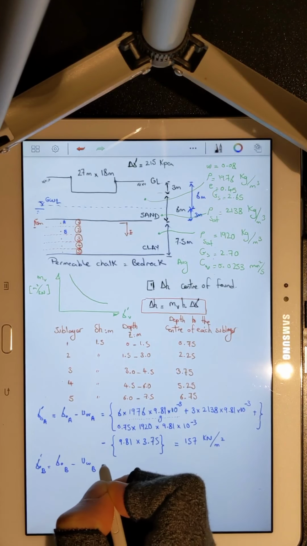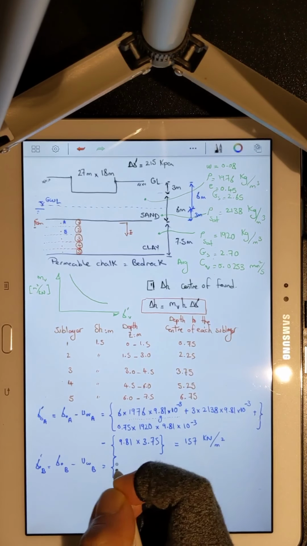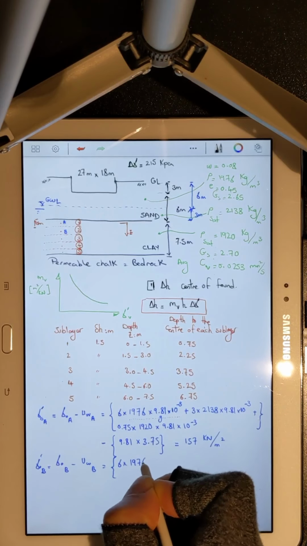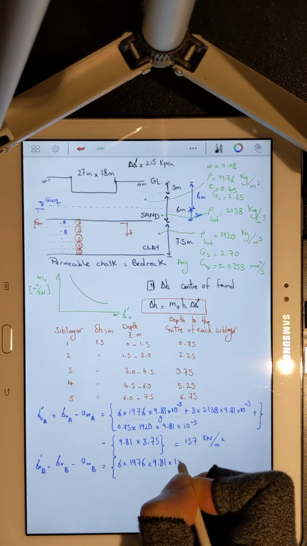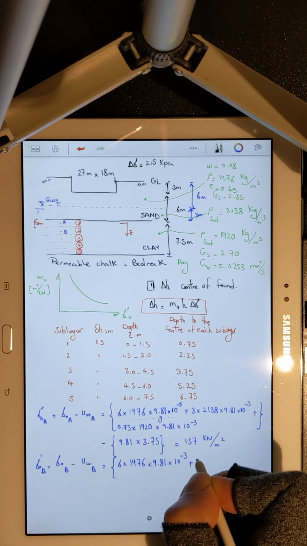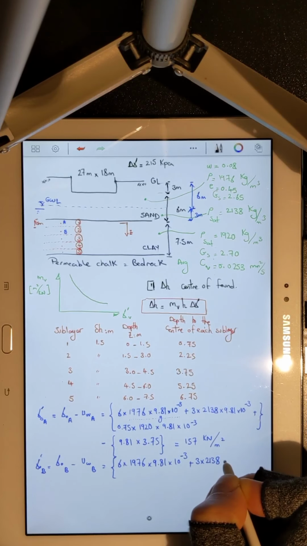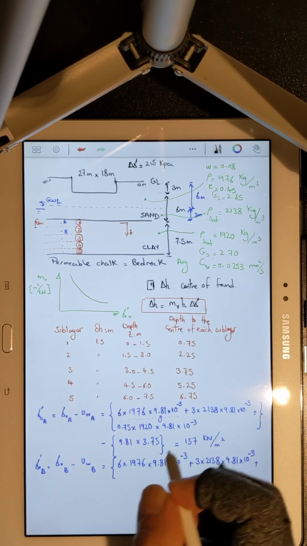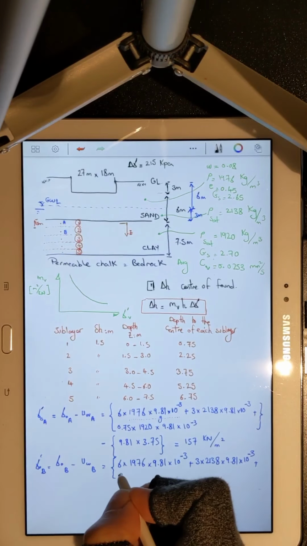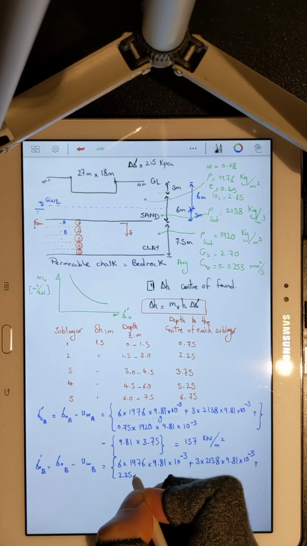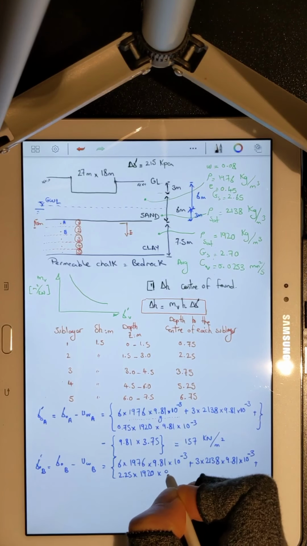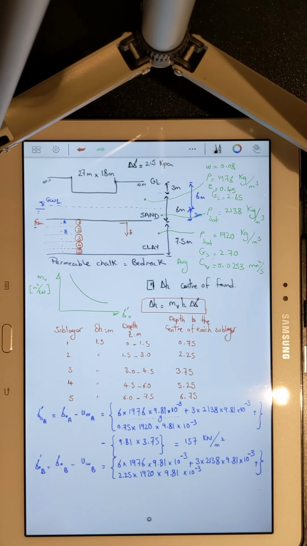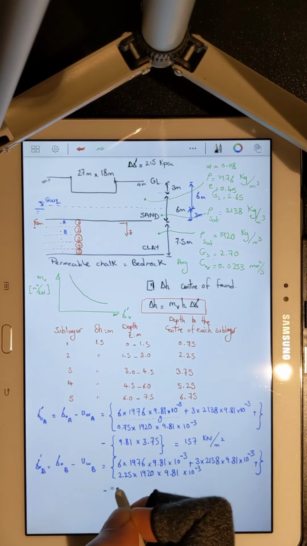The effective stress is total stress minus UWB, that will be equal to 6 times 1976 times 9.81 times 10 to minus 3, that is the unsaturated sand, plus 3 times 2138 times 9.81 times 10 to minus 3, this is the saturated sand, plus, now instead of 0.75, now you have 2.25, 2.25 times 1920 times 9.81 times 10 to minus 3, and that is the total stress inside the saturated clay soil at the very last term, minus pore water pressure.